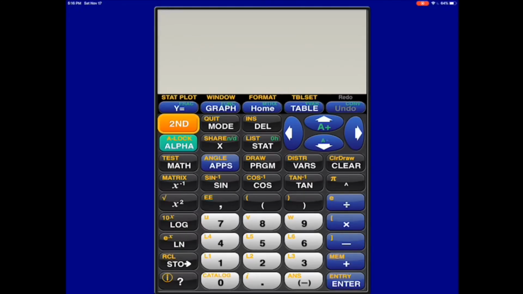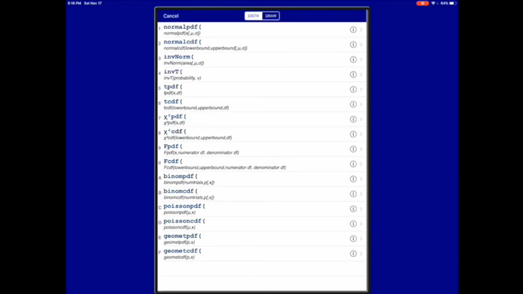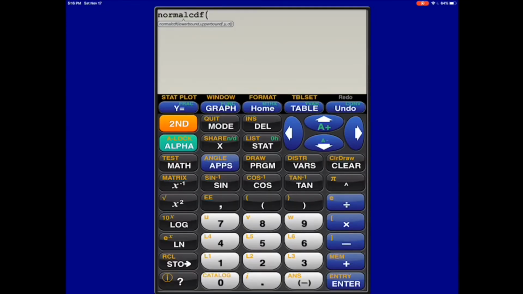We go to second distribution, and we have our Z value, so we go to our normal CDF, remember, and we are going to do this normal CDF of, it's a less than, so I'll just do a real big number for the lower bound, and then negative 0.12, and I can just go ahead and enter it because we're dealing with the standard normal, and that's about 0.4522.